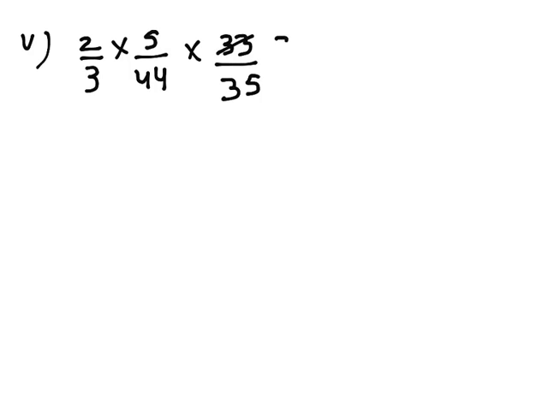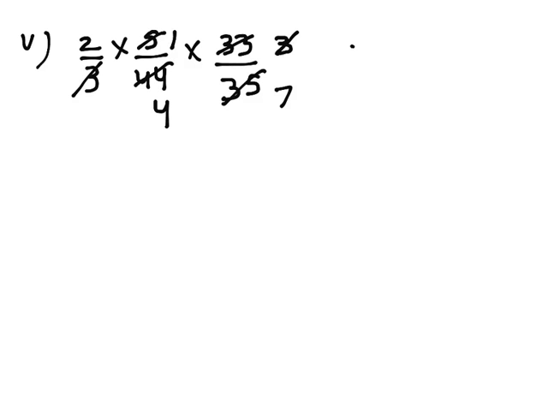So we will get 3 over here, and 44 divided by 11 will give us 4. Here 3 and 3 can be cancelled out because it will give us 1. And here the common factor between 5 and 35 is 5 only. So it will give us 7, and 5 divided by 5 will give us 1.